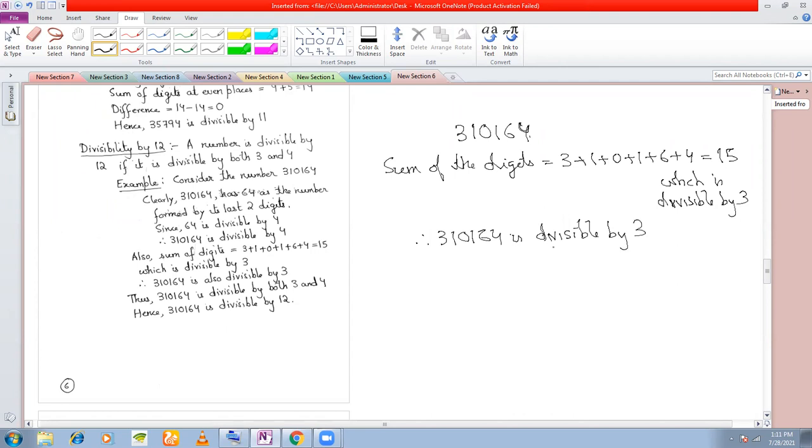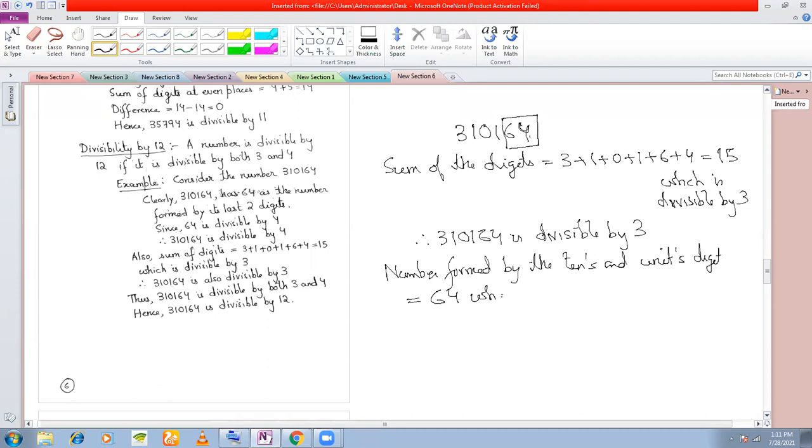Now we want to check whether it is divisible by 4. So check the last two digits. What is the divisibility test for 4? If the number formed by the last two digits is divisible by 4, then it is divisible by 4. So what is the number formed by the tens and the units digit? It is equal to 64, right?